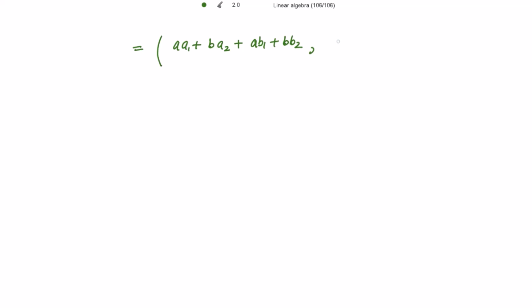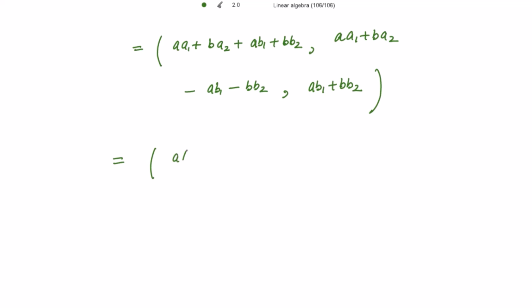Then the difference of these two, a a1 + b a2 - a b1 - b b2. Then the last element, a b1 + b b2.